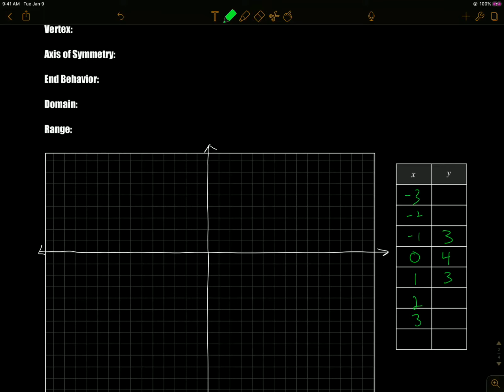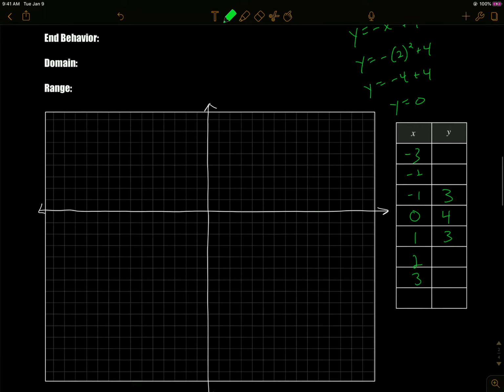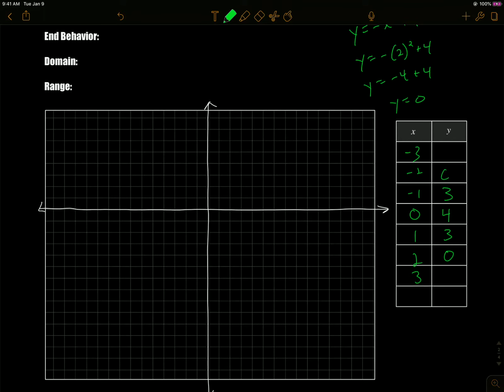Let's try plugging in 2. So I get -4 plus 4, y equals 0. So for 2, I get 0, and I know -2 will be that sister point. I'm not even going to do the negatives if I know the vertex is at x equals 0. I just need to go in one direction, and I'll have my sister points.